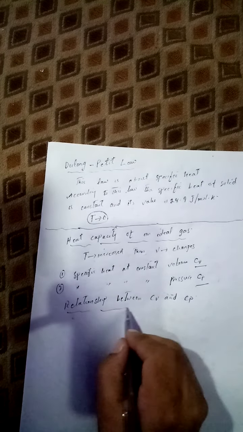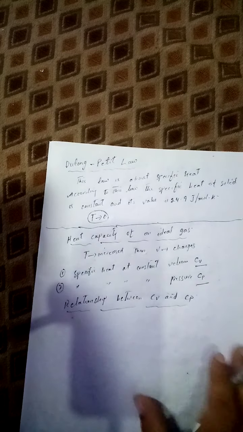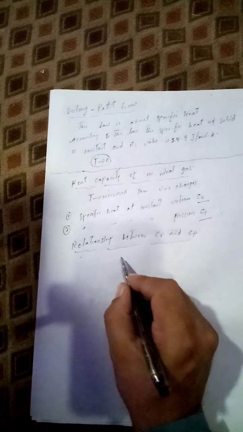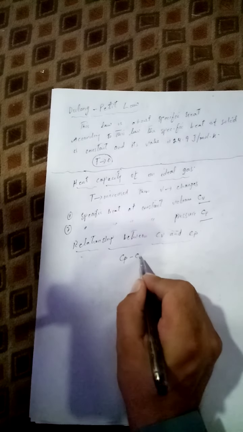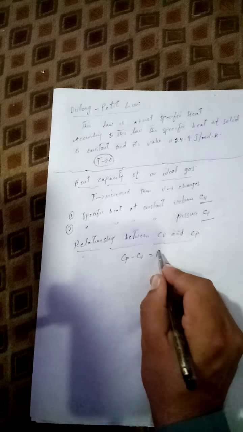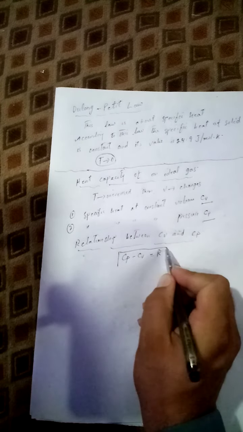We will derive this relation. We normally have a relation which is Cp minus Cv is equal to R, and R is the general gas constant. Now we will prove this relation for ideal gas.